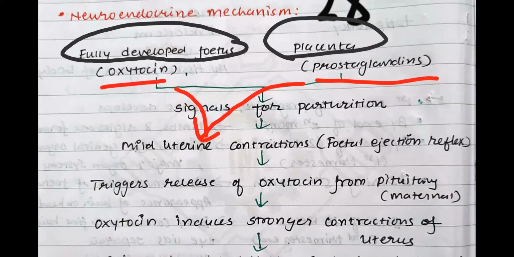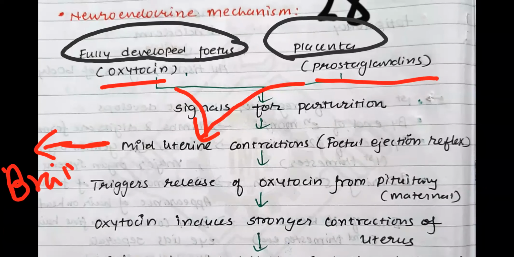This is also called as fetal ejection reflex, because this will send a message, the nervous system message. जब यूट्रस में contraction start होता है तो वहां पे sensory units लगे हुए हैं यूट्रस में, वो एक मैसेज जनरेट करते हैं. That message goes to mother's brain.